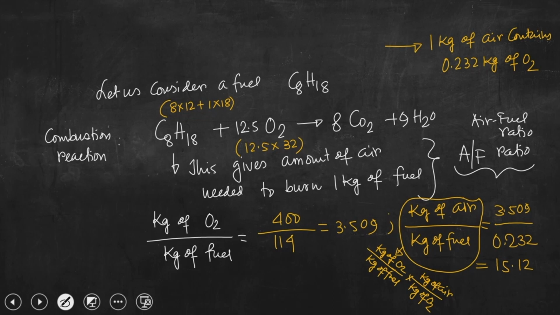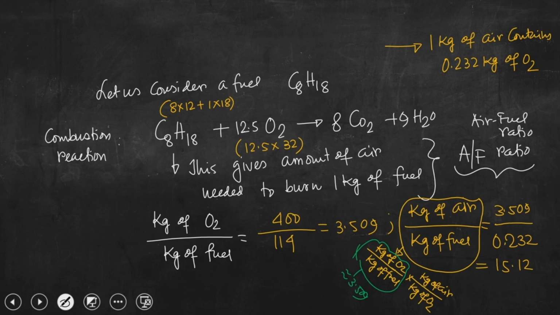So, that is why we have divided by 0.232. So, essentially this quantity is 3.509 multiplied with 1 upon 0.232, and that is 15.12.